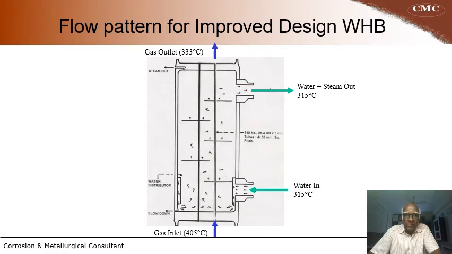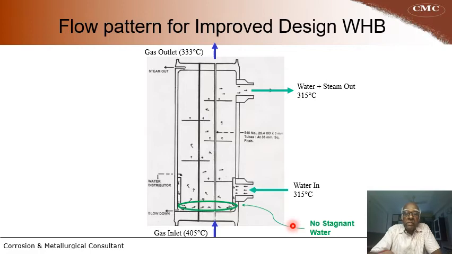So having seen the deficiency of the design, the recommended action was an improved design. On this improved design, you can notice at the bottom area, the blowdown drain is given flushing with the tube sheet surface.